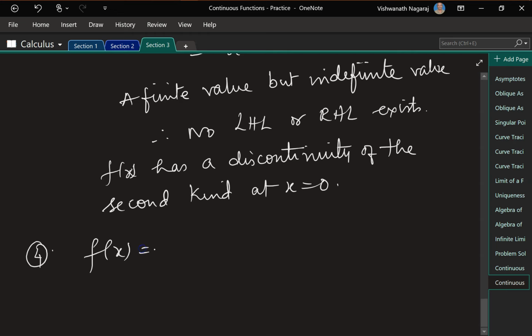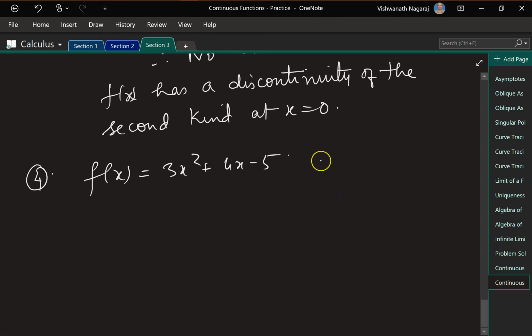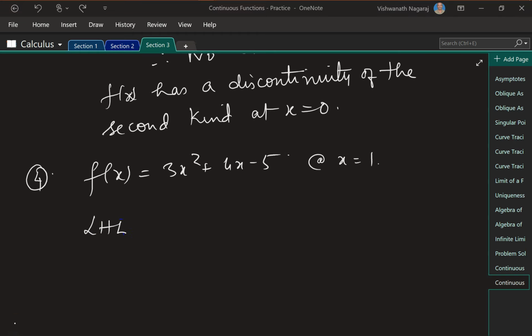F of x is equal to 3x square plus 4x minus 5, and we have to figure out the continuity at x equal to 1. So LHL, let's figure out the LHL.